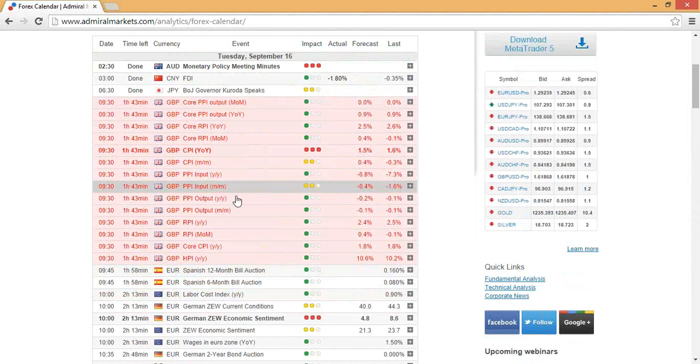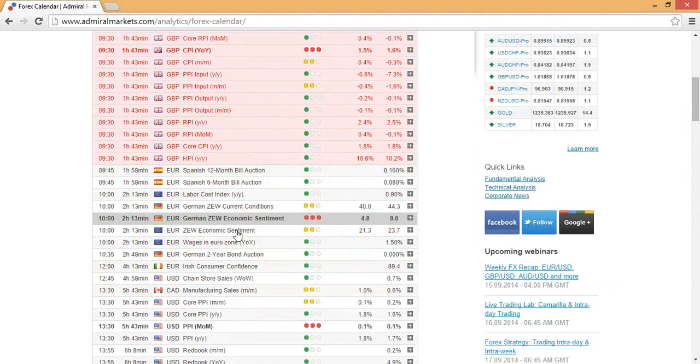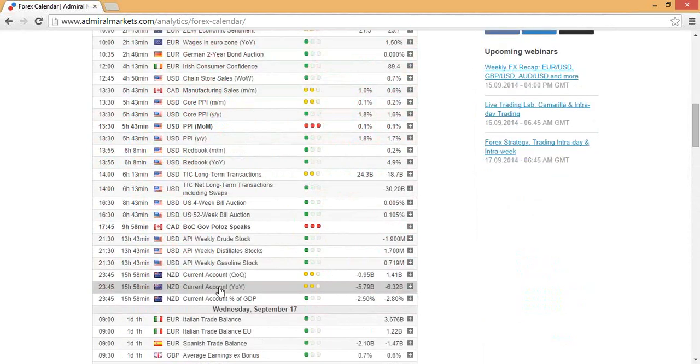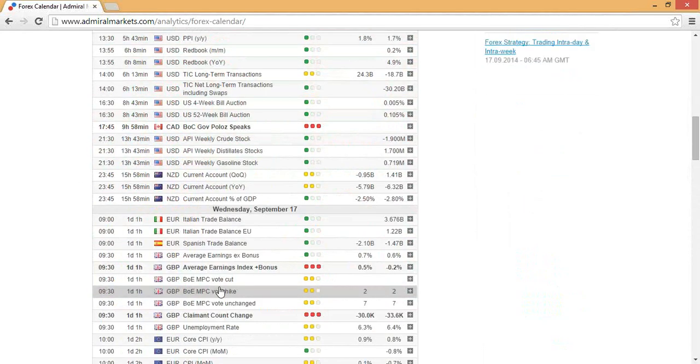Then we have German ZEW and dollar PPI, but more importantly, obviously, is all the central bank governors speaking. We have a Canadian central bank speaking. We have a Euro CPI tomorrow, by the way, and dollar CPI. The list just goes on and on. I don't want to bore you, but we have the Fed chairman speaking again.